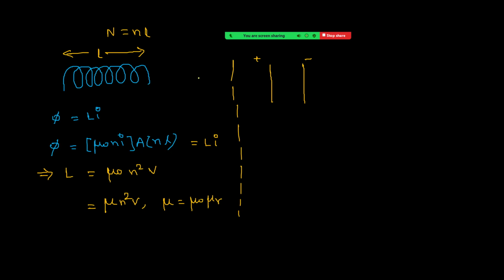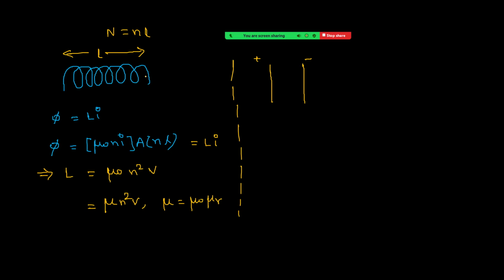And here one more thing, if you remember while discussing capacitors, we neglected the fringe effect. That means at the edges the field is not uniform. That is what we call fringe effect or edge effect. That we have neglected. In the same way, coming to a long solenoid, we are saying that the field is uniform inside everywhere.